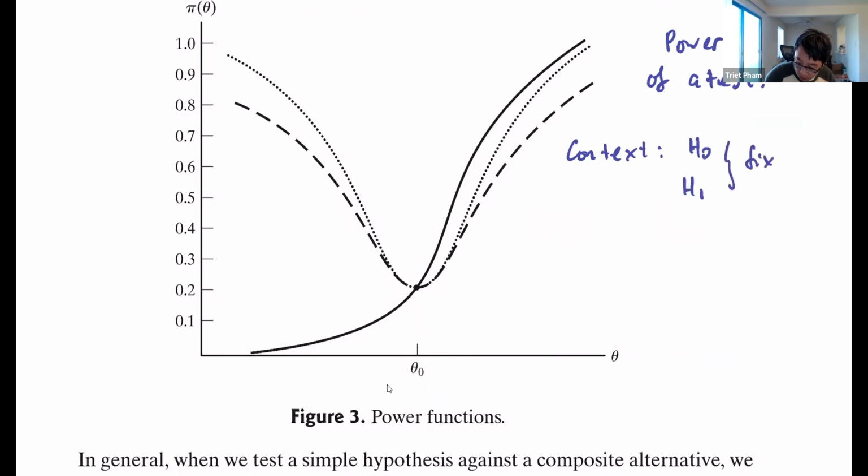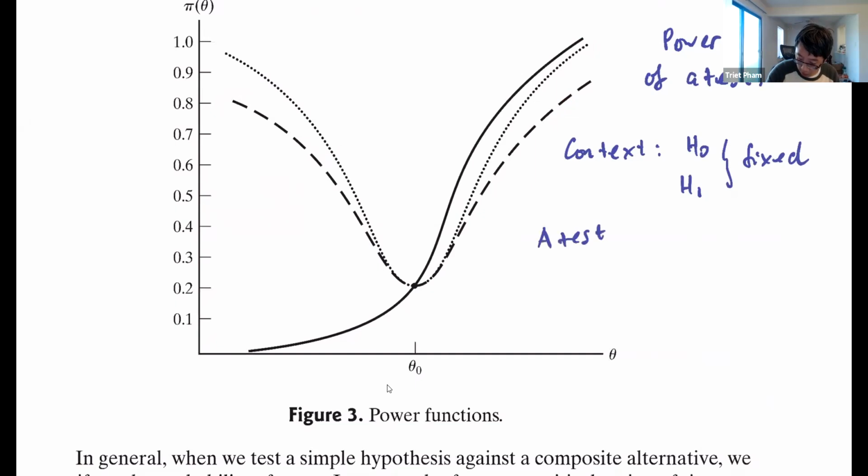These are fixed in this discussion, meaning we will never change the null and the alternative. So when we compare different tests like this, this is the power function of one test, this is the power function of another test, this is the power function of the third test. So these are three tests that they are discussing in this graph. When they consider a test, that means these are different critical regions they come up with. So a test here is basically the same as a critical region.